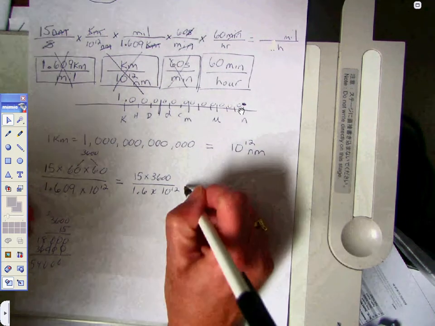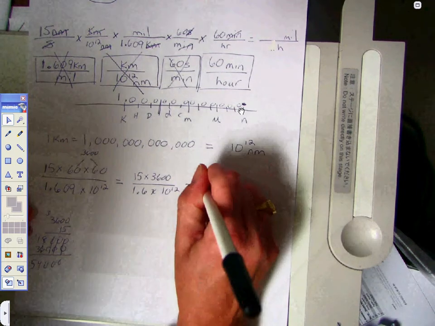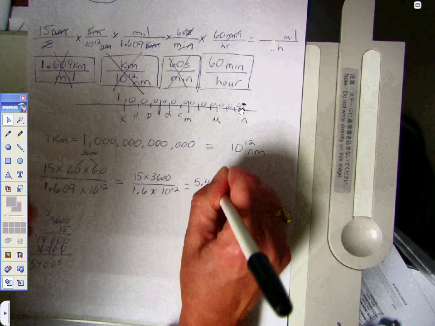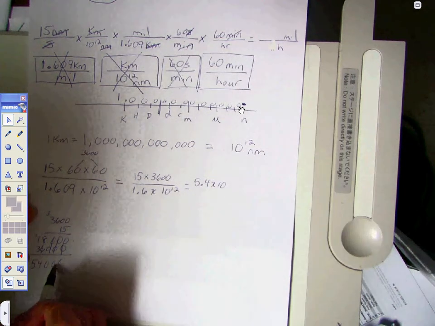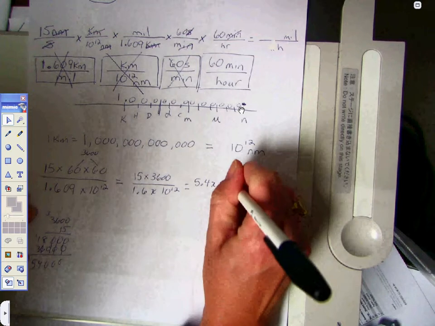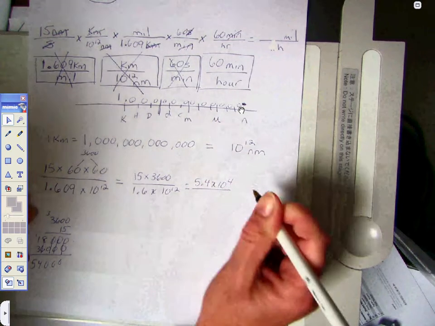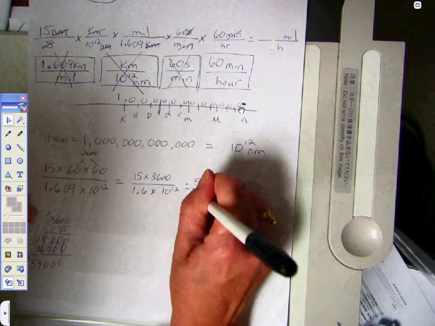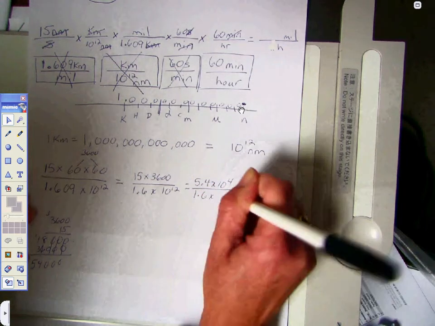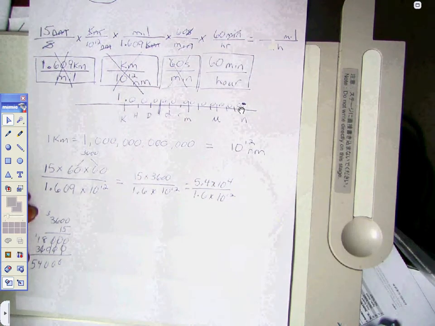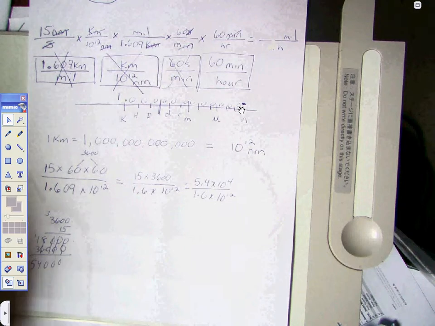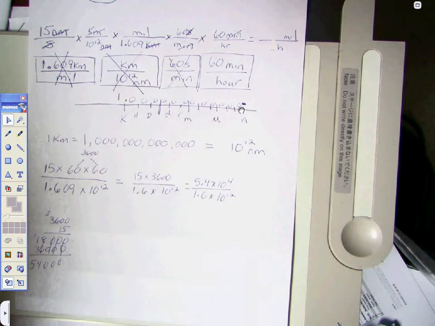So I'm just going to rewrite that number in scientific notation, 5.4 times 10 to the 4th. 1, 2, 3, 4. Now, this may seem like it's taken a lot longer, but it's given us some practice with these scientific notation skills that we need.